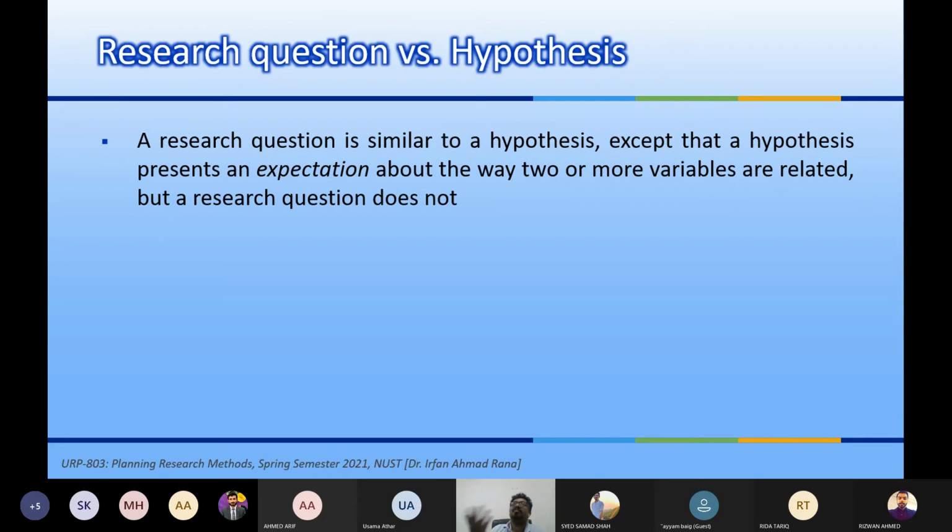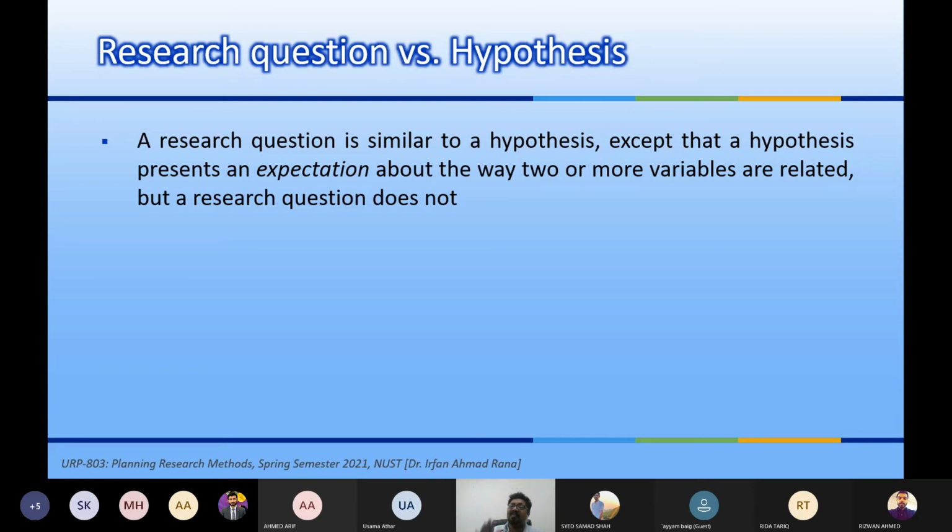Let me give you an example. I would say I'm hypothesizing that educated people will evacuate quickly in case of an early warning from the government. If the government says to evacuate this area, people will leave. This is my hypothesis. But my question would be: will people evacuate if the government provides warning?